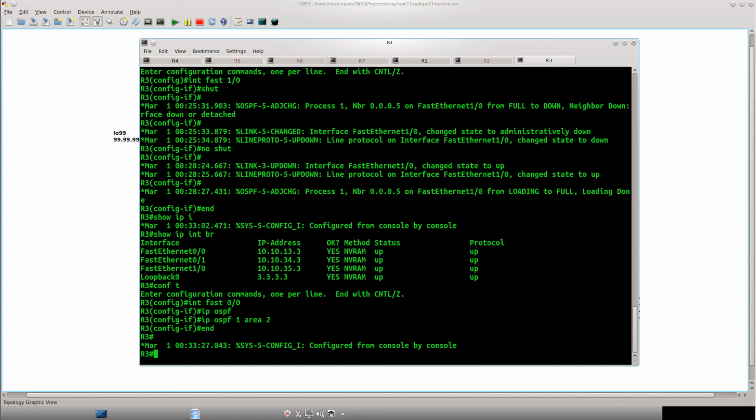This command does the same thing as the network command. In fact, I like this command a lot better. So IP OSPF 1 area 2, and you're going to do that on fast 00.